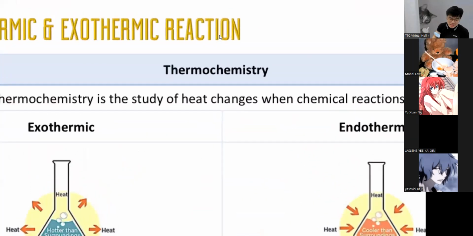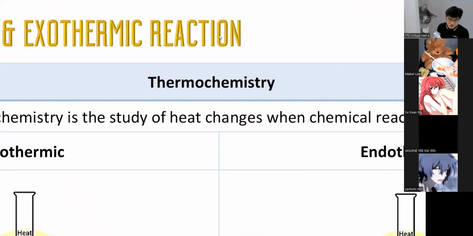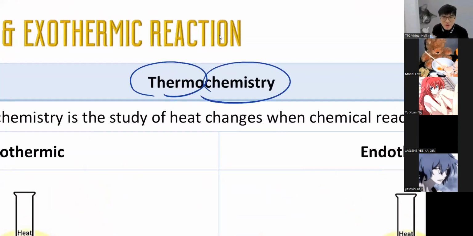Let's look at thermochemistry. This chapter is called thermochemistry. In BM, it's called termokimia. What does thermo mean? Thermo means heat, haba, panas.